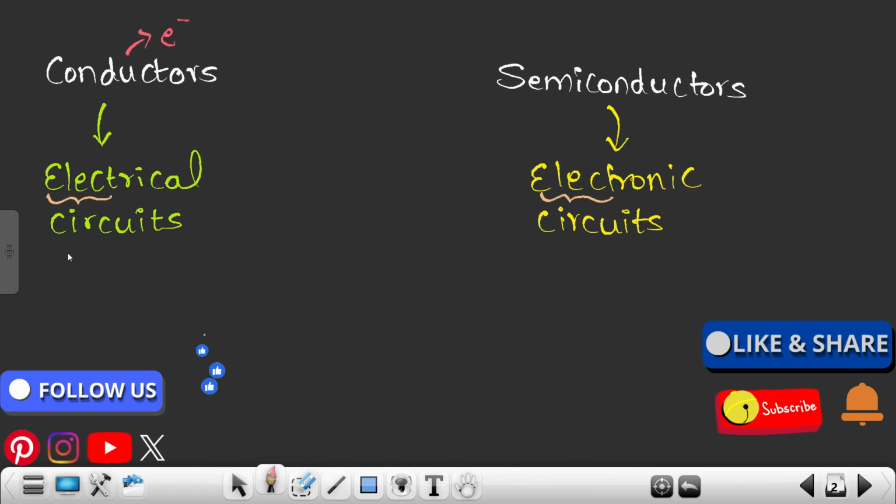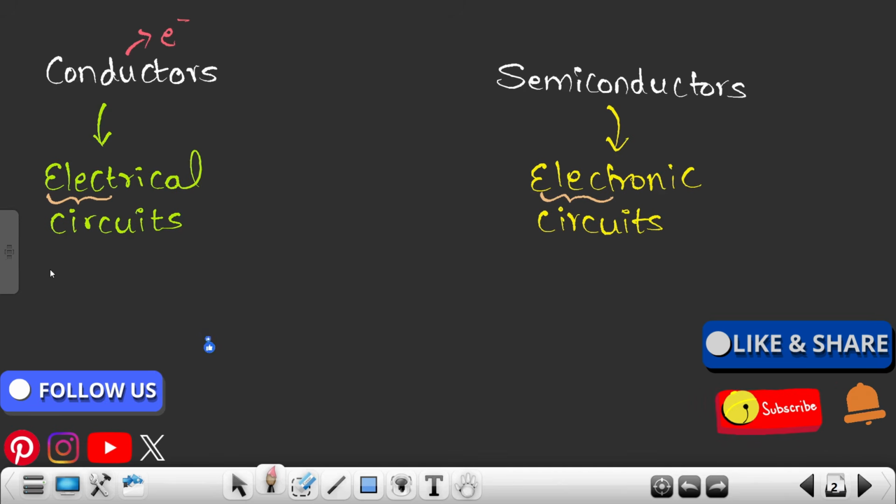Let me just write over here, as far as electrical circuits are concerned, the energy can be any energy, it can be electricity, it can be thermal energy. That particular concept is not a big concern for us.